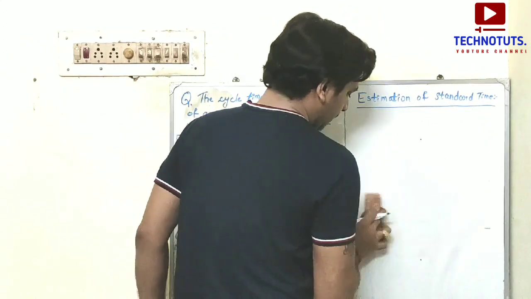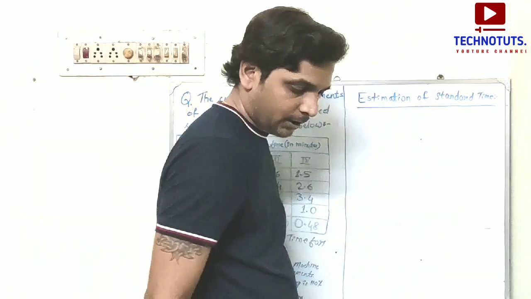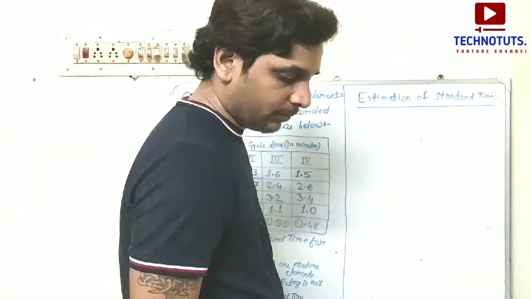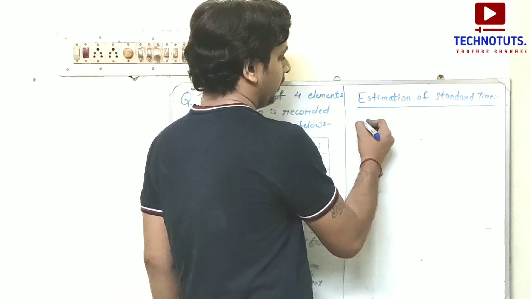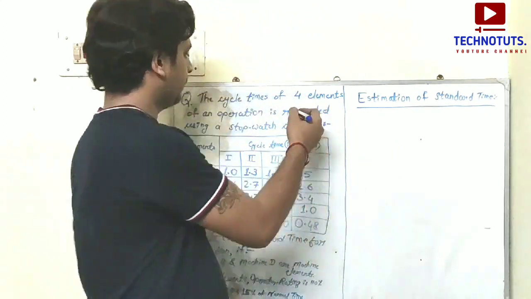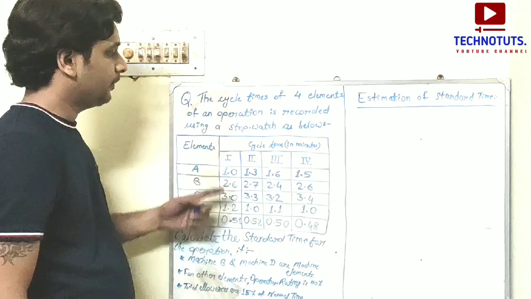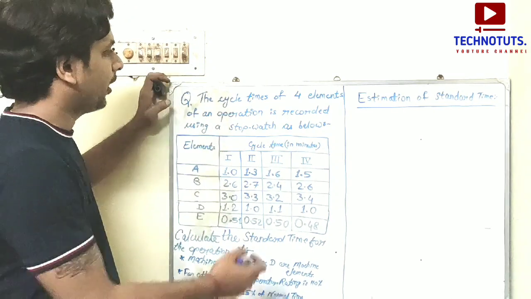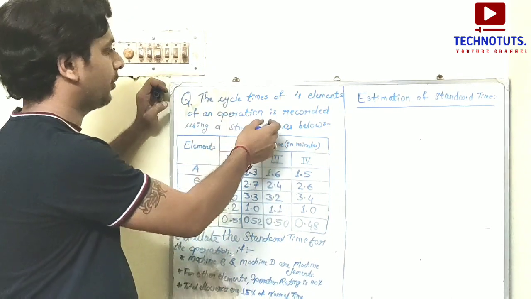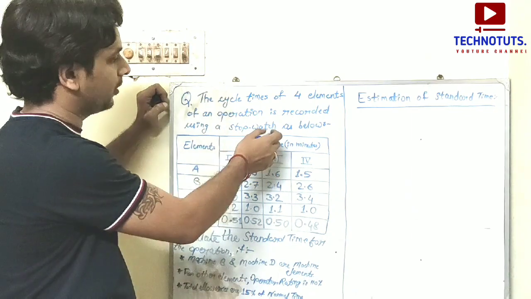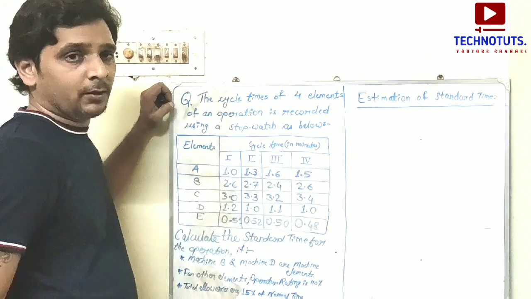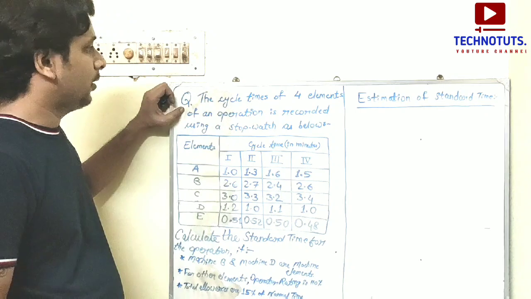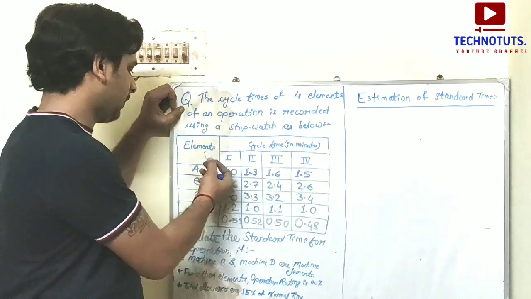What is that very important point? Consider this question. The cycle times of 5 elements of an operation are recorded using a stopwatch as below.